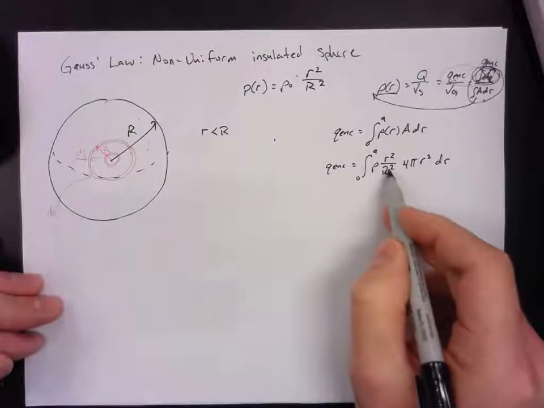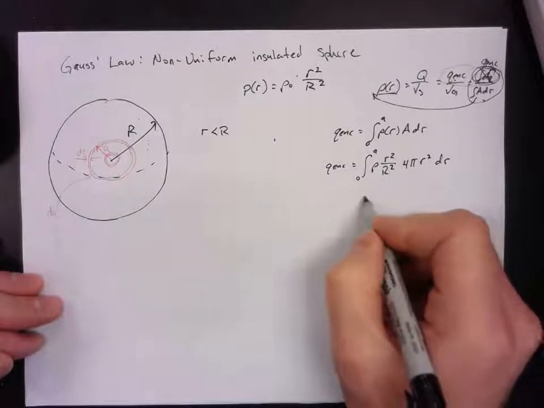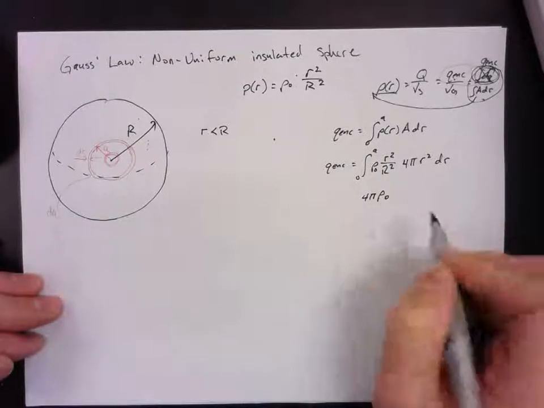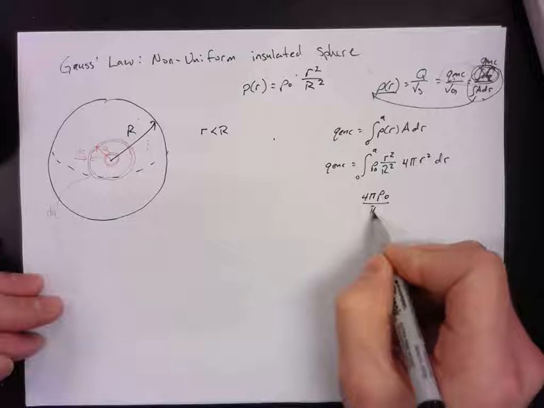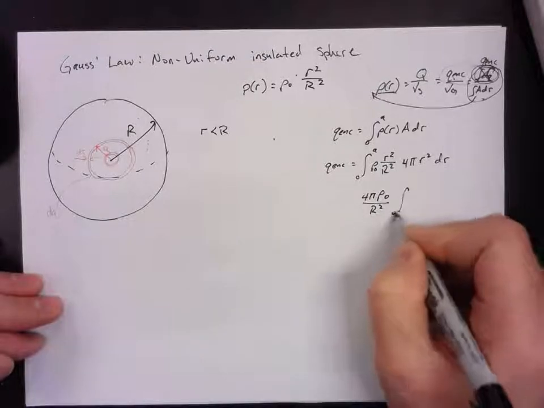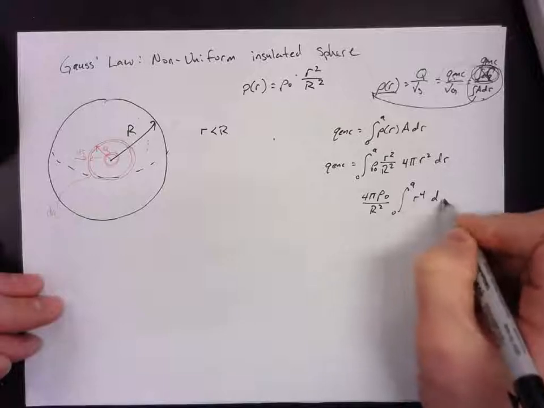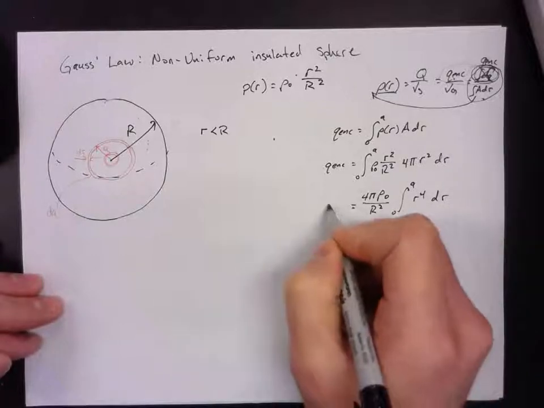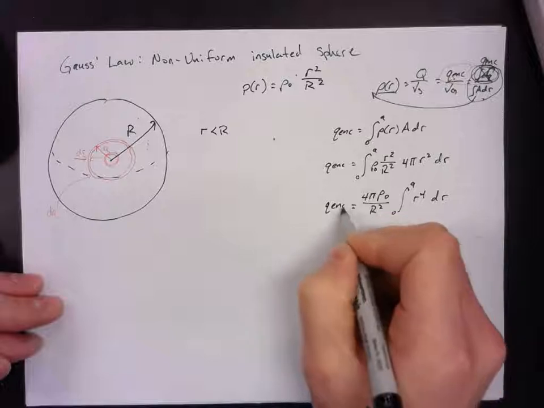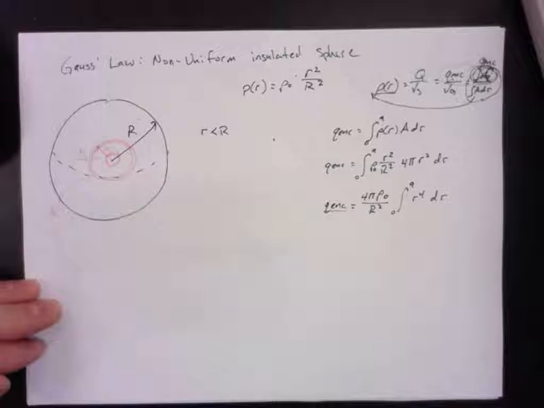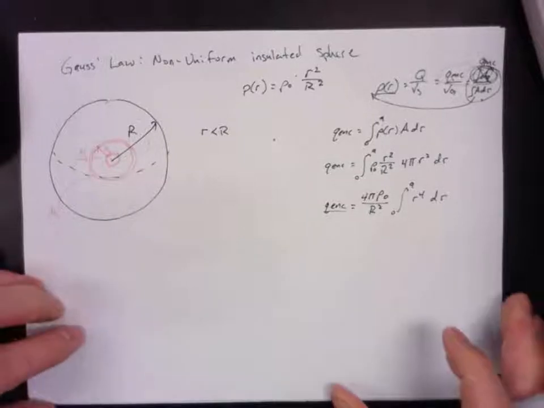I'm going to take out constants here: 4 pi rho naught over R squared, integral from 0 to a, r squared times r squared is r to the 4th dr. Solving this integral will give us the total amount enclosed at any distance a away while inside of the sphere.